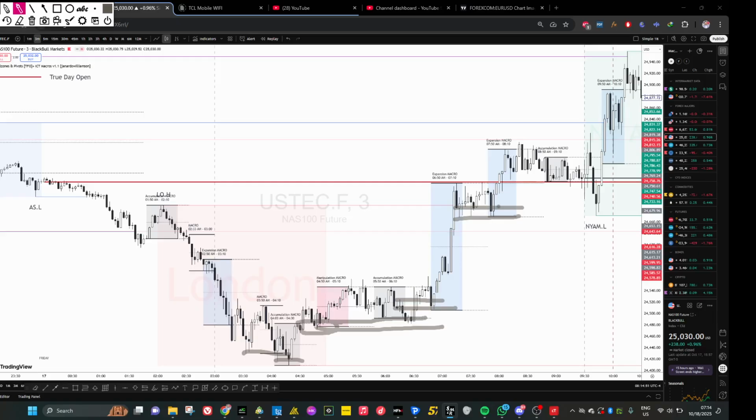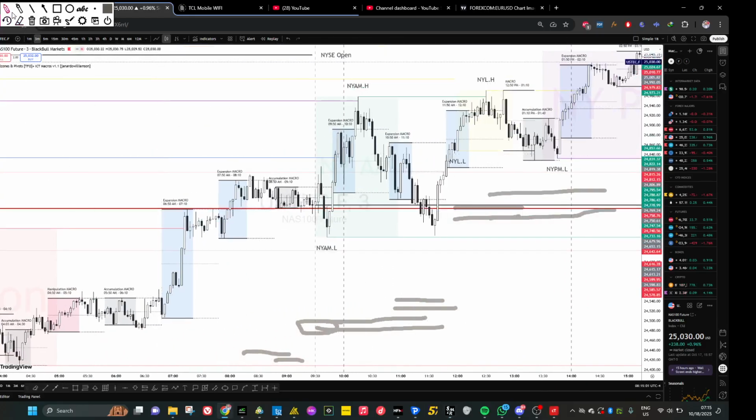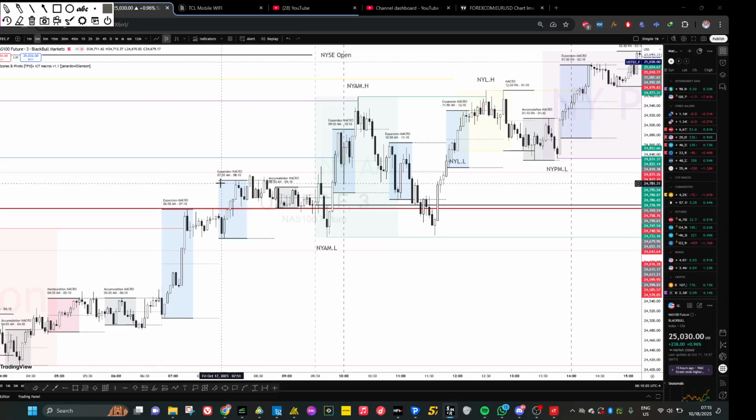And then as soon as New York open, boom, we would be targeting the highs now. So New York open, right down we came, right down inside of this order block here.